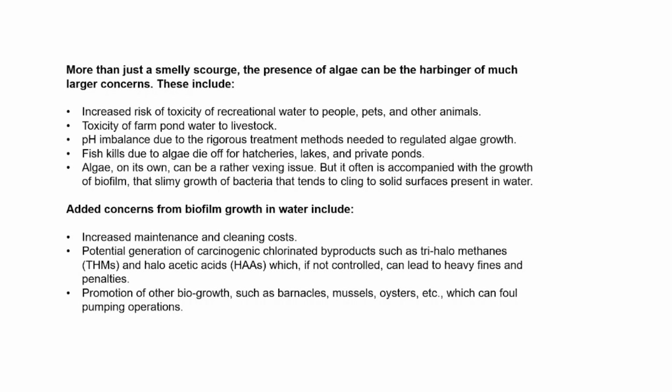There can be pH imbalance due to the rigorous treatment methods needed to regulate algae growth. There's a lot of algae taking up the entire fish pond, so farmers will do a lot of treatment to regulate the algae growth, and that kind of treatment may also cause a very disastrous pH imbalance. Then there will be fish kills due to the algae die-off in hatcheries, lakes, and private ponds. The fish in the pond will get killed due to the algae.